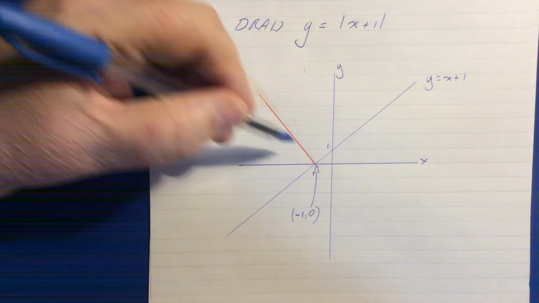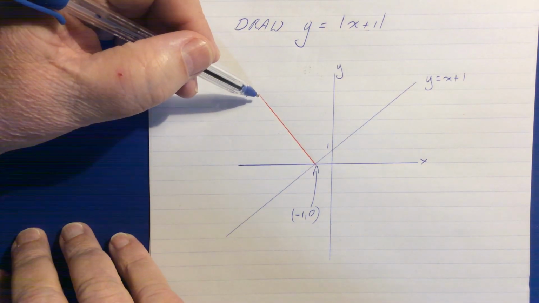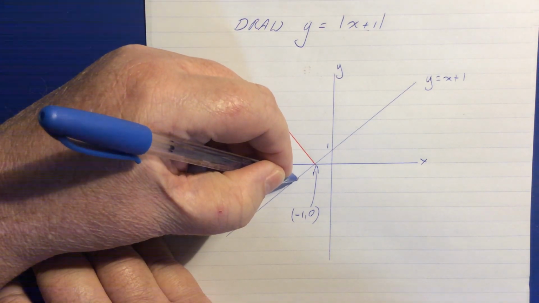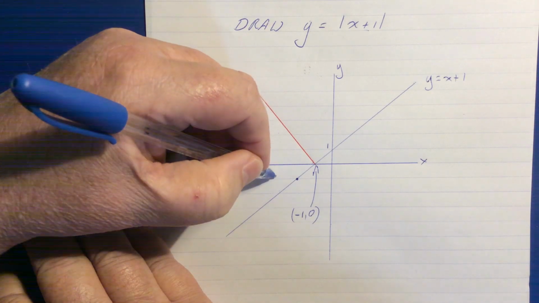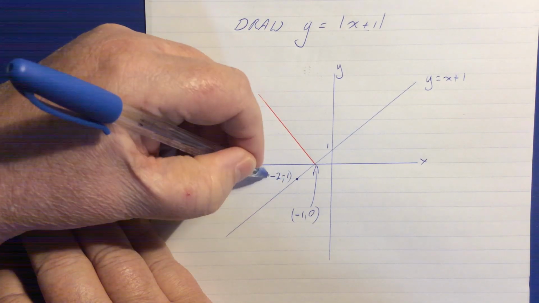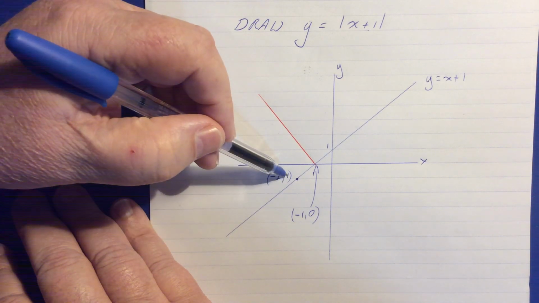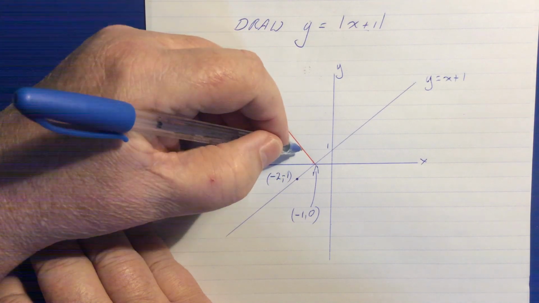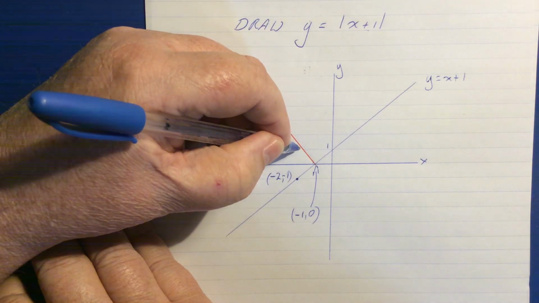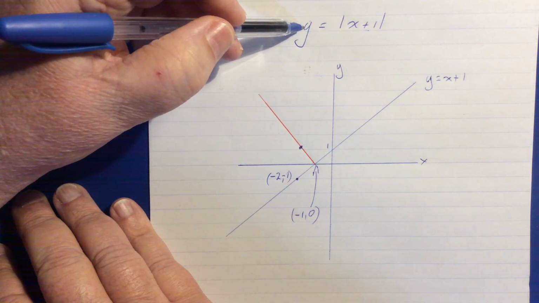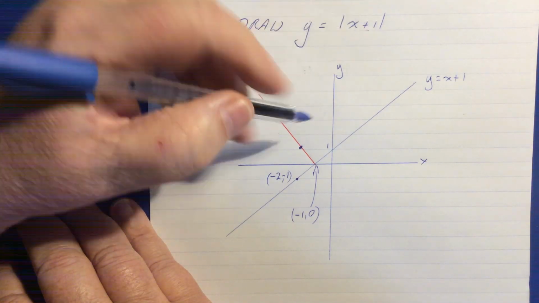The important point to note is that if this value down here, so that is negative 2, negative 1, so the y value here is negative 1, then the x value here doesn't change because we're looking for the value of y in terms of this.